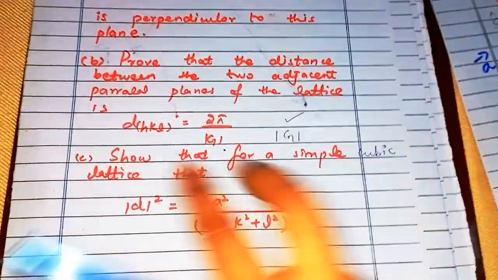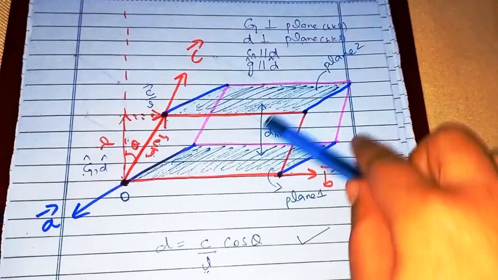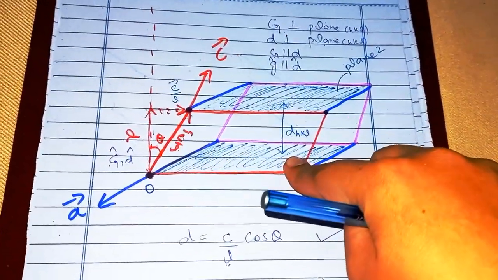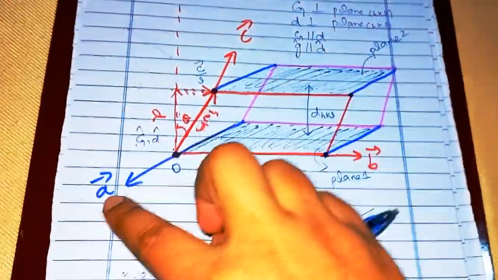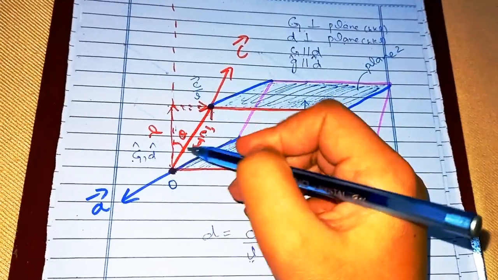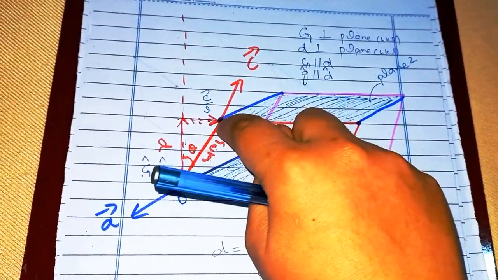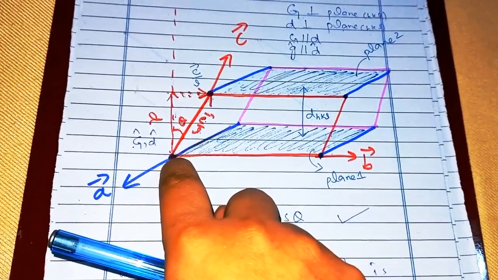All right, if you summarize everything that we have done so far, we have drawn two parallel planes. We defined what interplanar spacing is: the perpendicular distance between two planes, and for that purpose we drew this figure of two planes. We considered two similar points on the c-axis, the points where the planes touch the c-axis. It is this point for plane 2 and this point for plane 1.